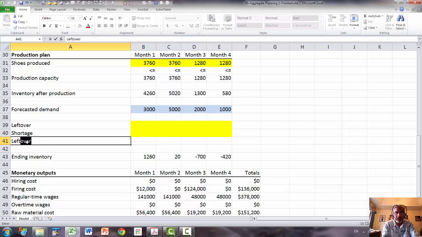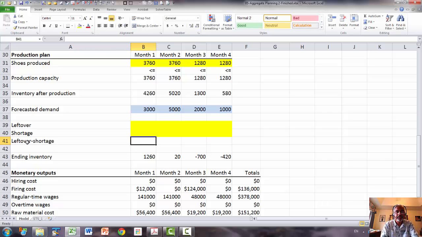Then you have leftover minus shortage. Now that must be equal to the ending inventory that we calculate from the model. So the model calculates what the ending inventories will be.